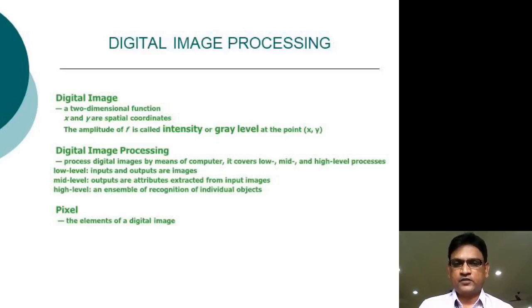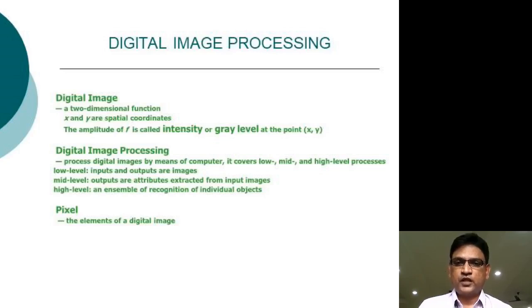The second level, the mid level, is characterized by the fact that the input is an image, but the output is an extracted attribute, that is a property of the image or property of the objects present in the image, etc. So these properties are very useful for recognizing the objects present in the image that we are going to process. The last one is high level, which deals with adding some meaning or assigning some label or identifying an individual object or a region which is present in the image which is under process.